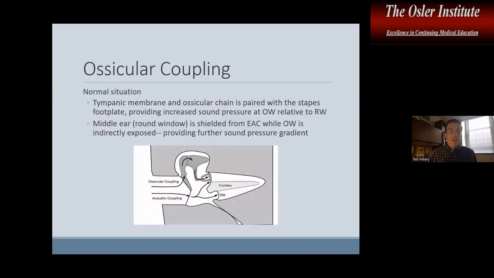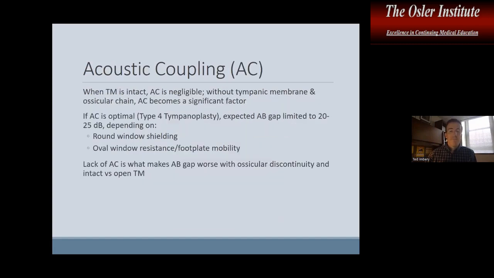So normally, you have the tympanic membrane and the ossicular chain paired with the stapes footplate, which is going to increase sound pressure at the oval window relative to the round window, while at the same time, the round window is being shielded from everything externally, providing a further sound pressure gradient. So again, acoustic coupling, when the tympanic membrane is intact, is negligible. Without the tympanic membrane and ossicular chain in a diseased ear, this would become more of a factor.